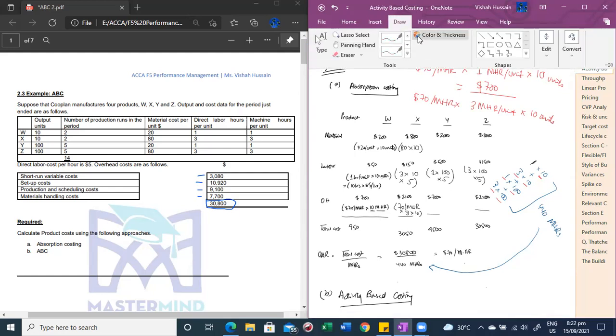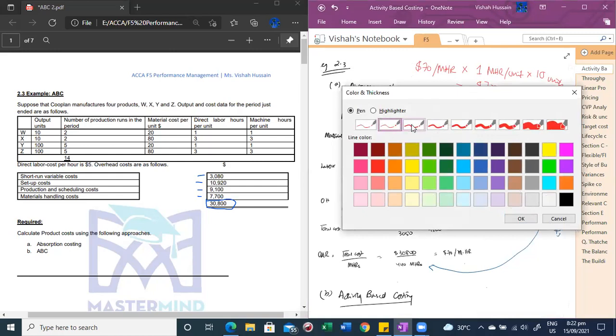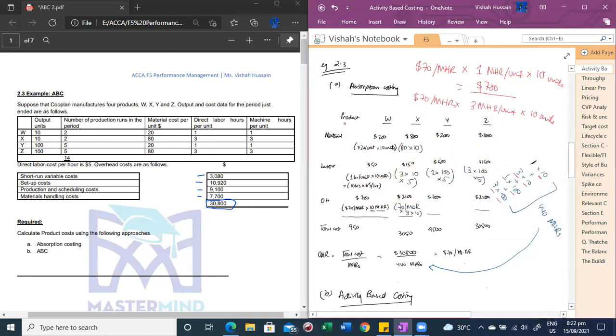Now, since you used to total your overheads, 30,800 is given over here. Divide it either by total machine hours or total labor hours, because in this question they haven't given you what basis you should be using. So you can use either of them.